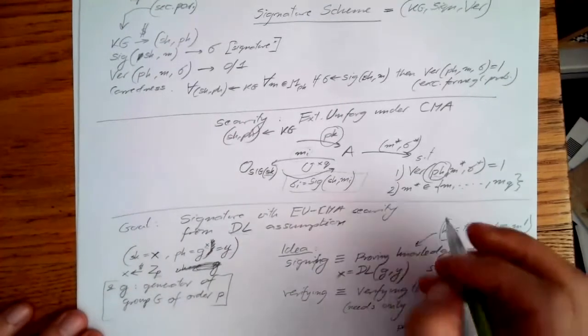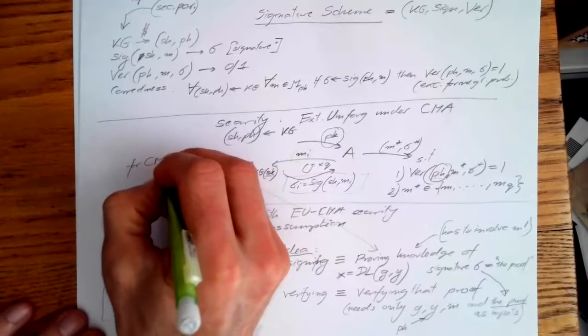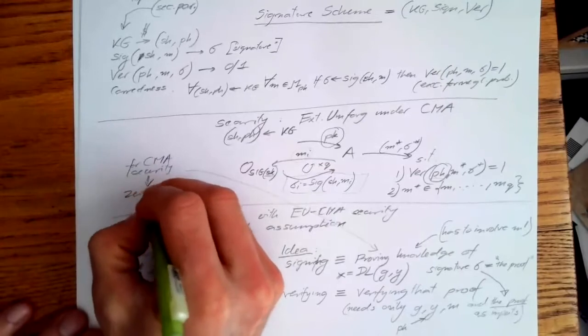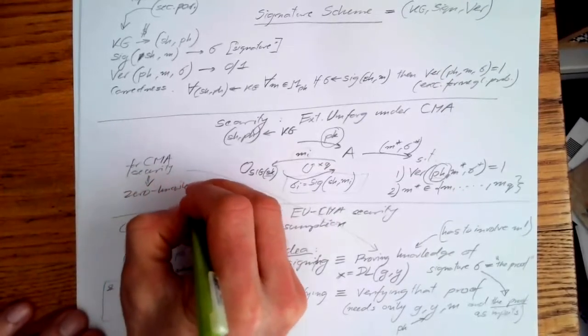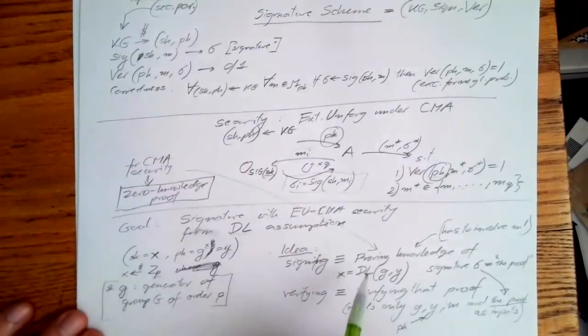And that's why this proof, for CMA security, needs to be a zero knowledge proof. Okay, and what this notion of the zero knowledge proof will capture in some way is that the proof is performed with the knowledge of the discrete logarithm, in this case, as input.